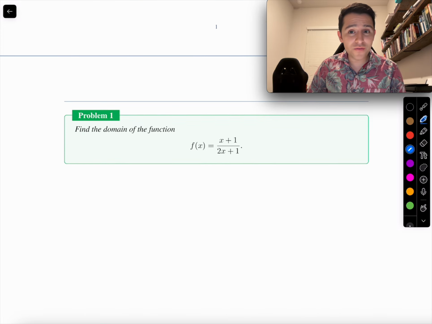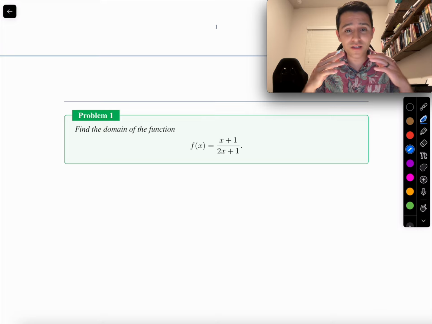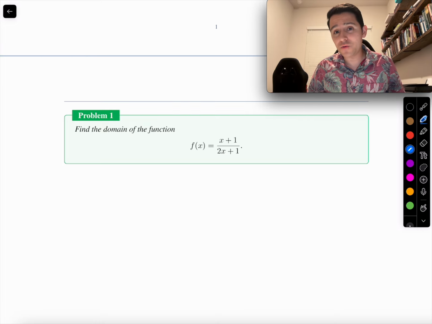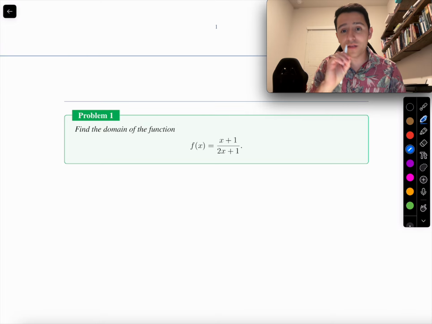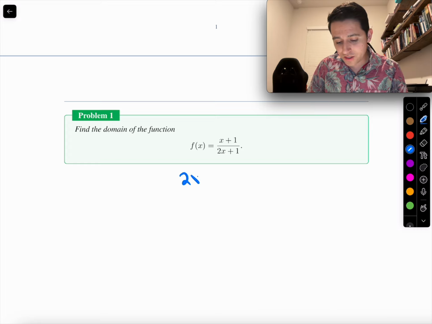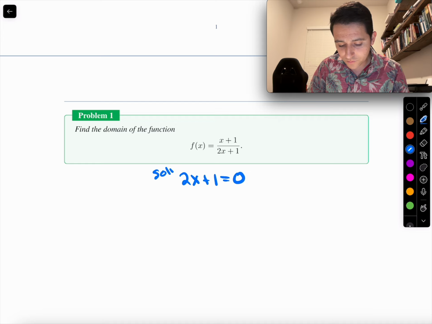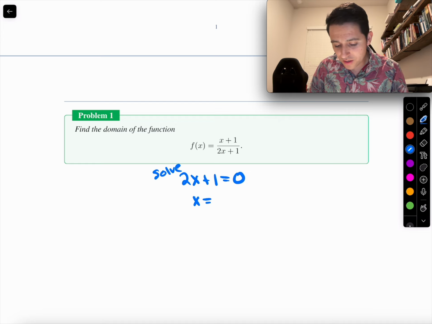So now I'm given a function and asked to find the entire domain. I'm going to look out for the two things I need to exclude. In this example, I see a variable in the denominator. That tells me that it is possible to divide by 0. How do I find out? I set the denominator equal to 0 and I solve. The solution is -1/2.